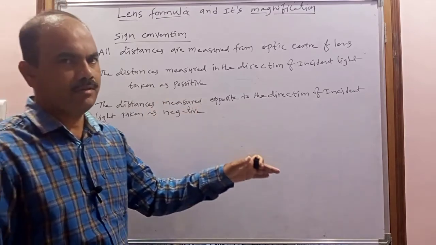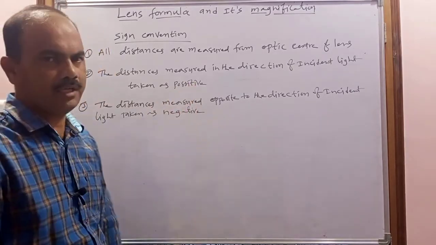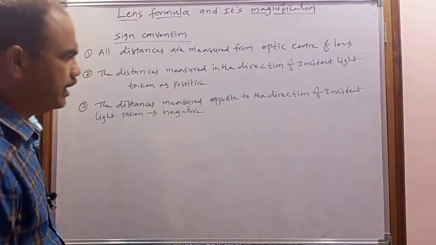In the direction of light, distances are positive; in the opposite direction of incident light, distances are negative.